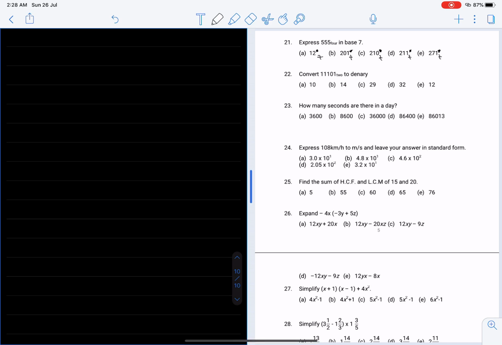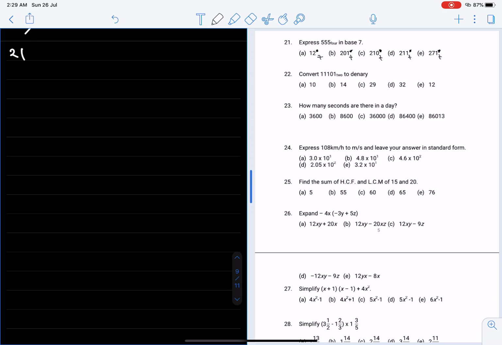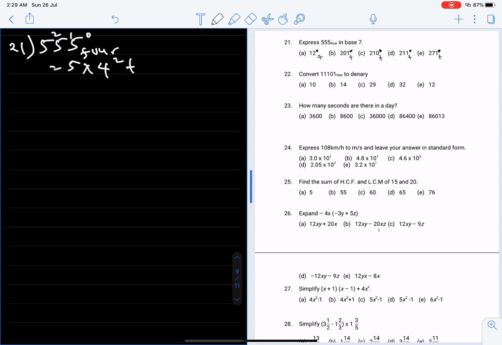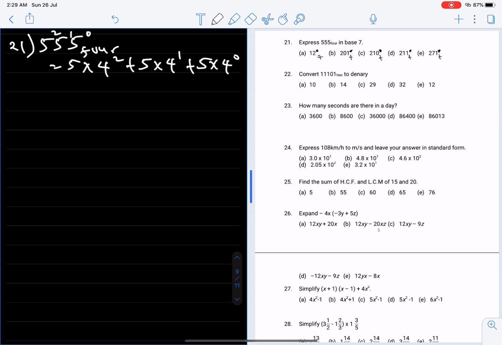So, number 21, 555 base 4. To write this in base 10, it's going to become, that's 0, 1. I'm sure you remember this method, and that means 5 times 4 raised to power 2 plus 5 times 4 raised to power 1 plus 5 times 4 raised to power 0.